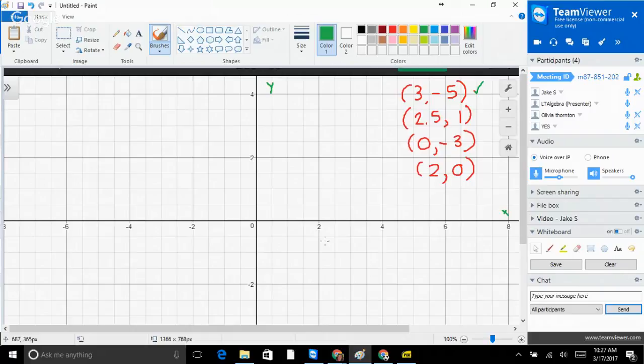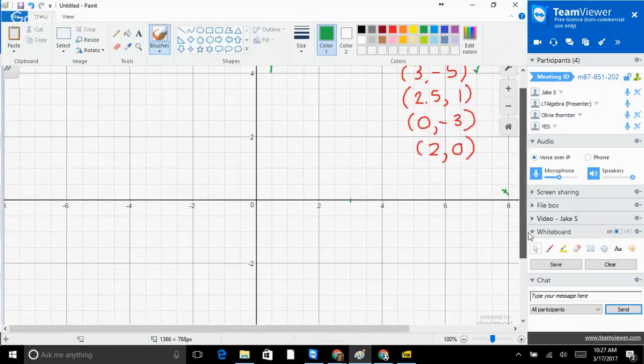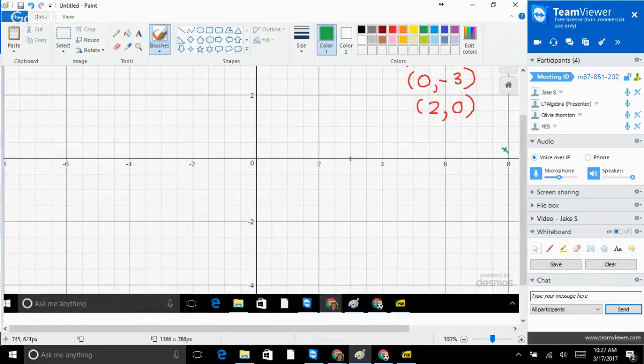I start at 0 and go to 3, which is right about here. And I have -5, and I made a bad example because my -5 goes off the screen. So that's going to be way down here on my y-axis. Sorry for that bad example.